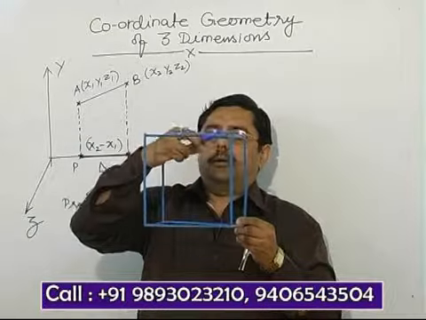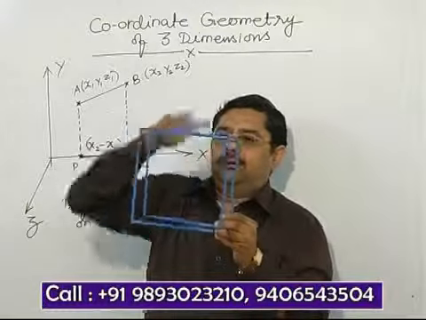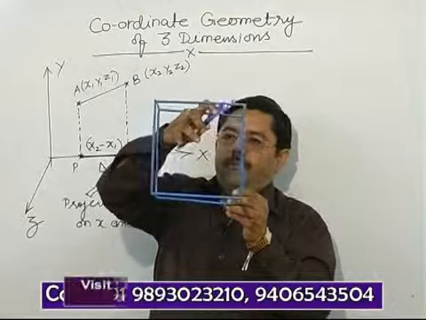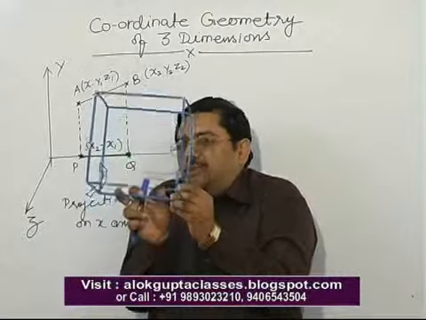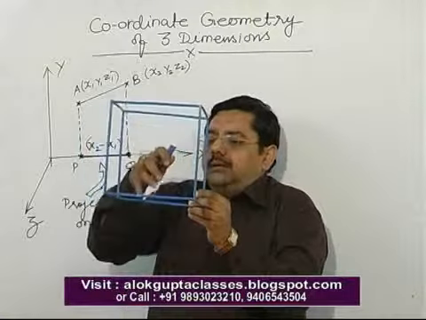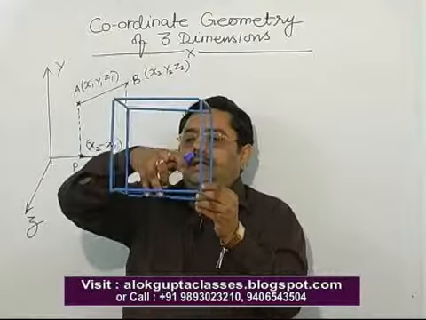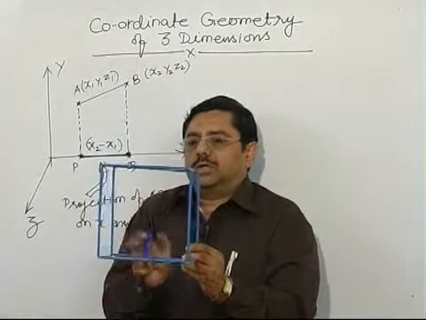So if I drop the perpendicular from A point on this and from B point on this, so this segment is called PQ, right? From A drop it here, from B drop it here. This point is A, this point is B. So this segment is called projection.